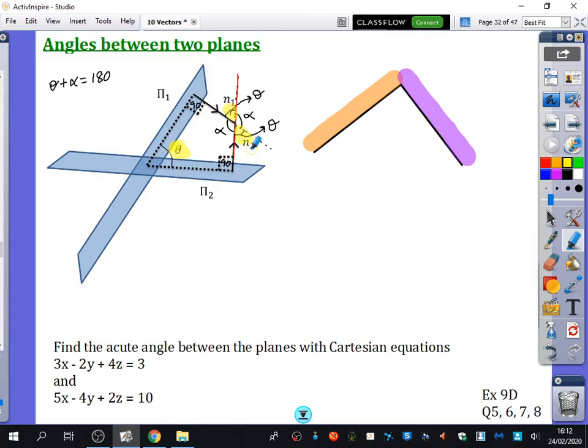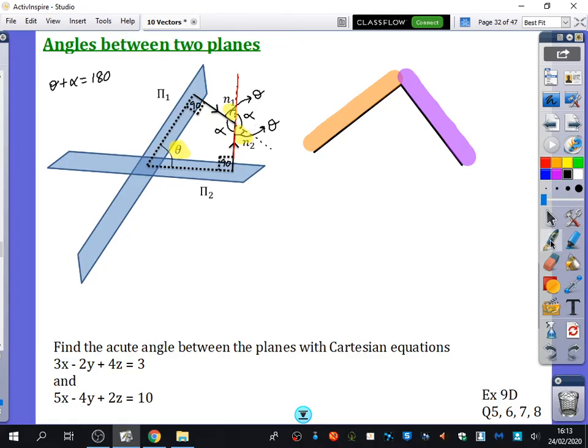Maybe I'll just say, because I think it's hard for me to ask this question, these are both the normals, right? These yellow ones I've drawn here are the acute angles between the normals. Okay? The acute angles between the normals is the same as this one that I've got over here.